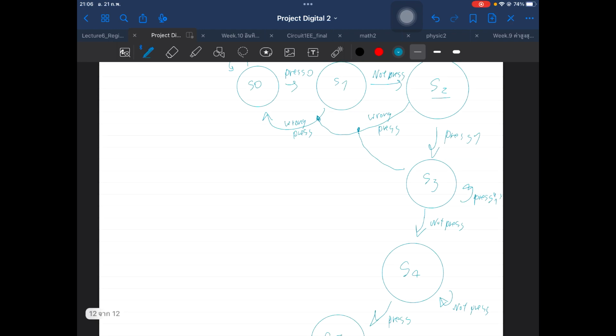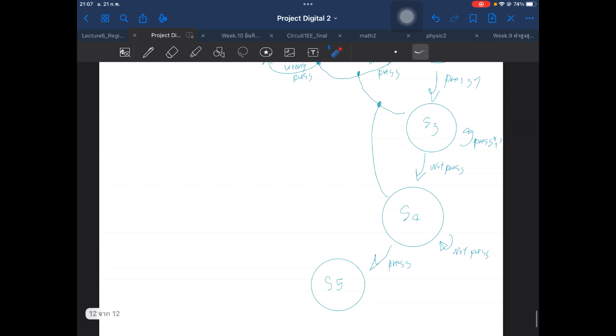But if you press the wrong number, it will go to state 0 immediately. This is all of state 4.